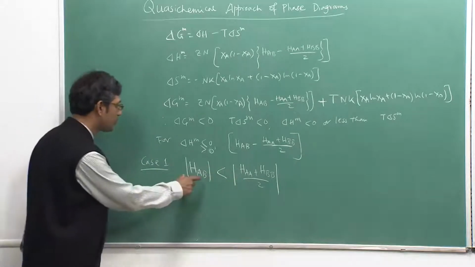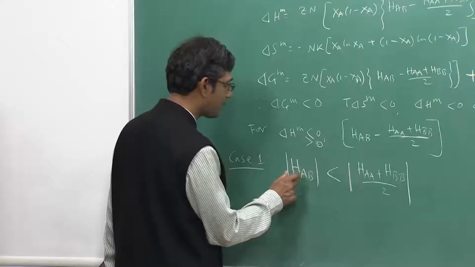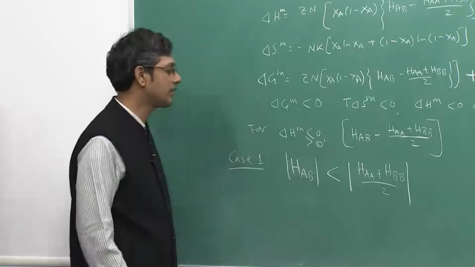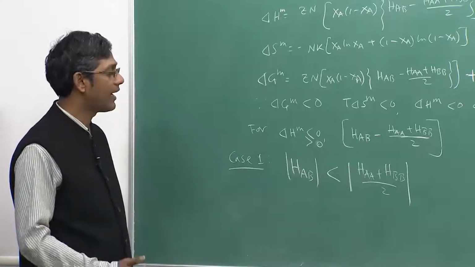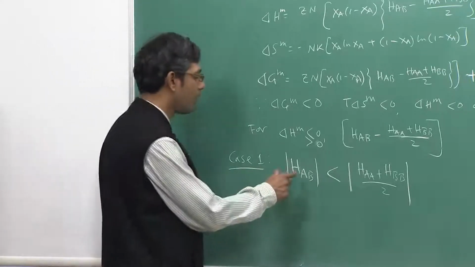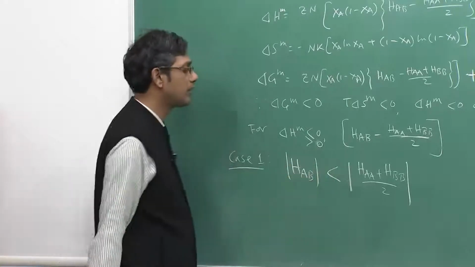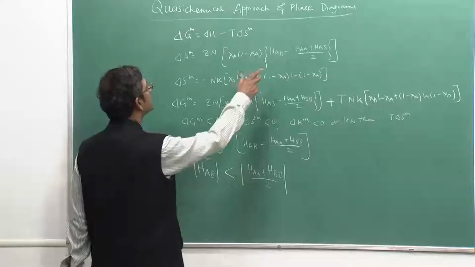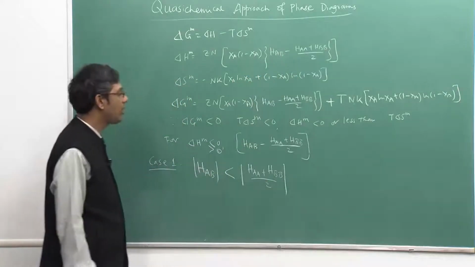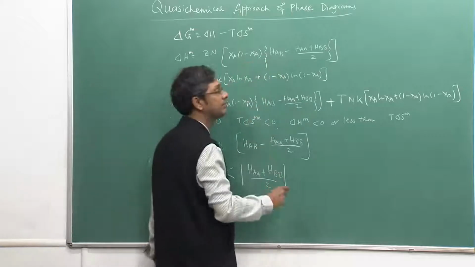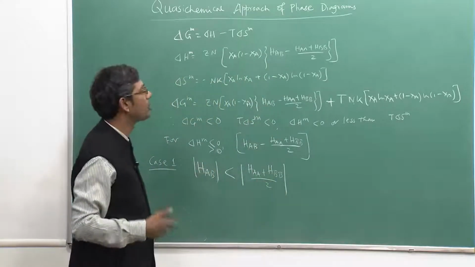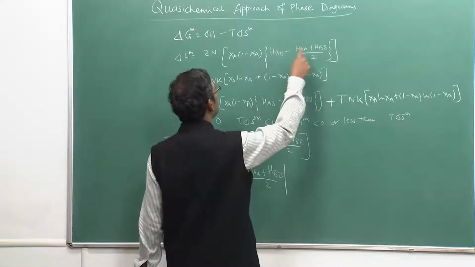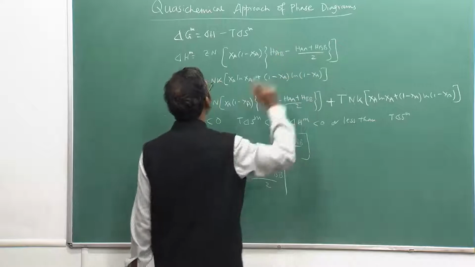Now suppose the HAB bond energy is less than the average bond energies of HAA and HBB, or otherwise HAB is less than or equal to (HAA plus HBB) by 2. If this is the situation, what will happen to this term? This term will also be negative, because HAB is negative, as by convention bond energies of any bond are negative. So if HAB is negative and less than this value, then the whole term will be negative.